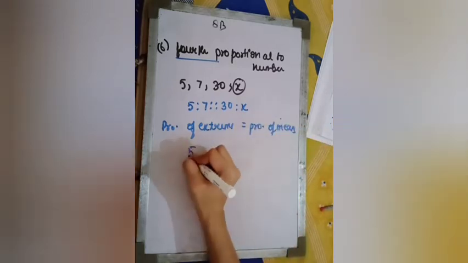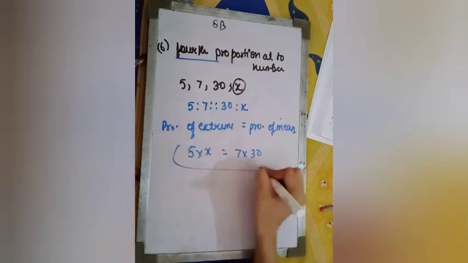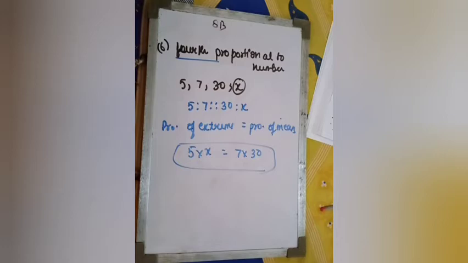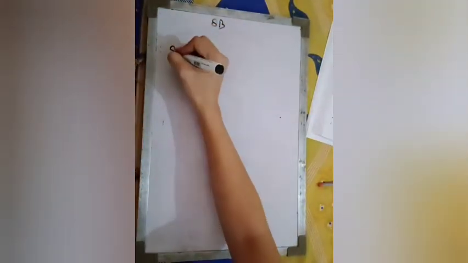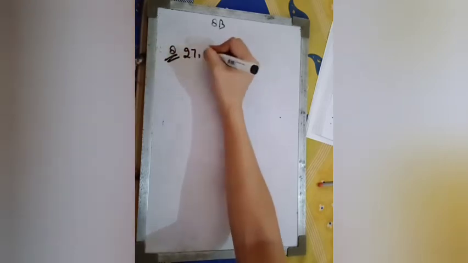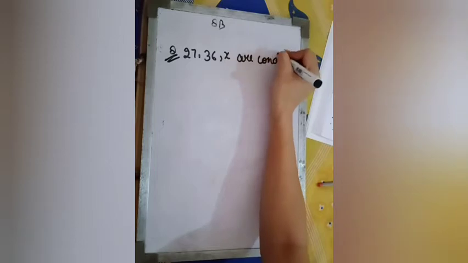Now extremes are 5 into x, means are 7 into 30, and from here you can find the value of x easily. Now move on to question number 7 or 8. Which one should we do? We should do question number 8. Question number 8 is saying 27, 36 and x are in continued proportion.